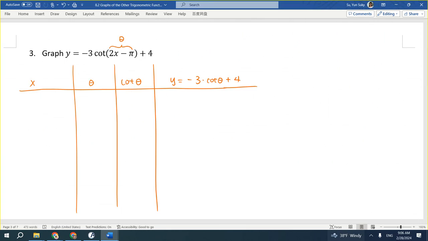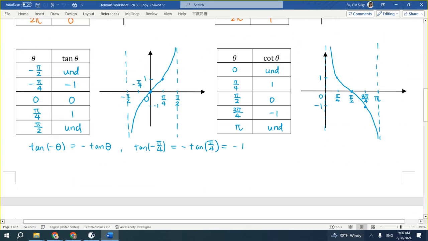So the first step, we fill out the values of theta. This is when you need the basic graph and the 5 key points.